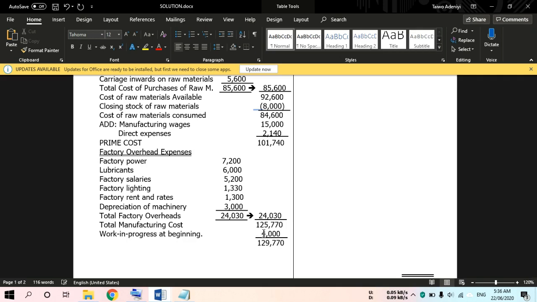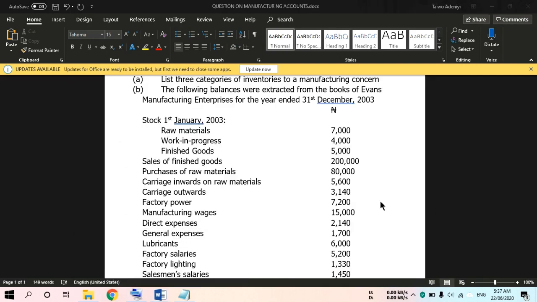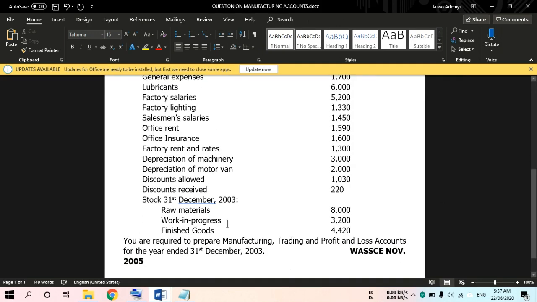Because of the space, come to this, you have a work in progress end, put it in brackets, and the figure is work in progress 3,200 naira.